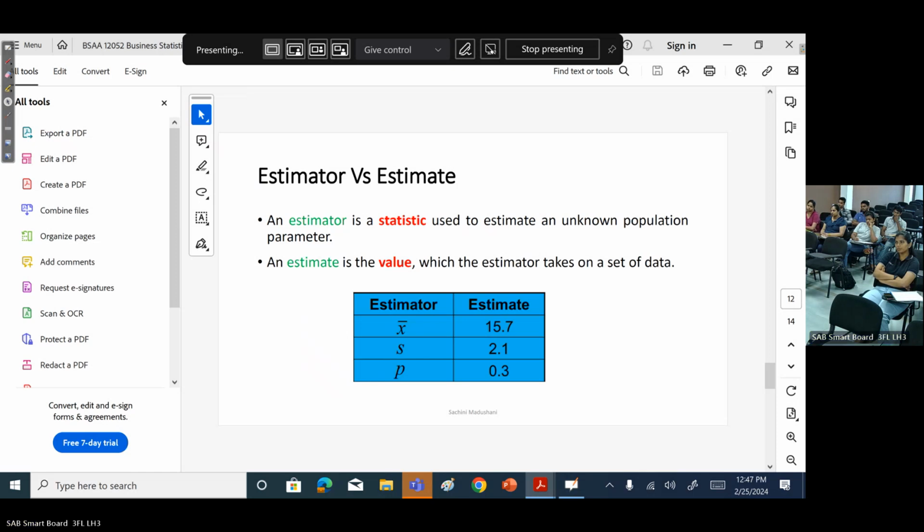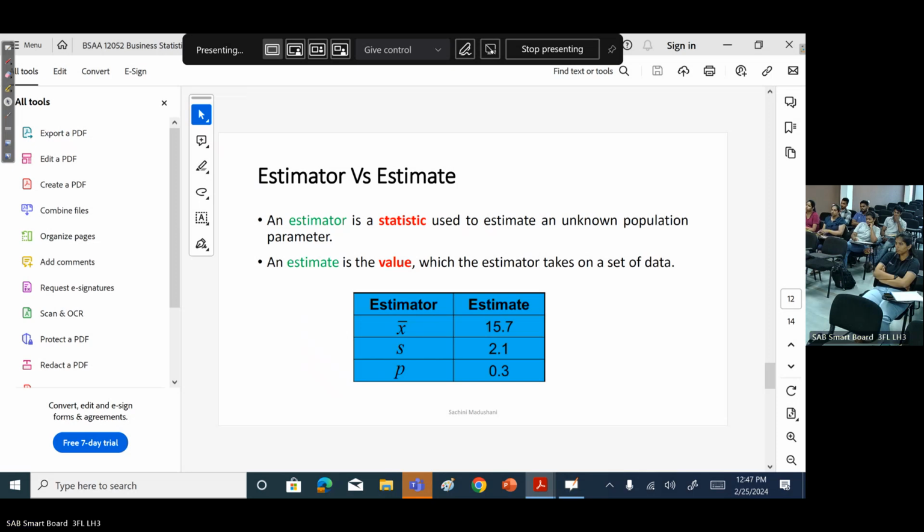Think, I want to take the population parameter, the population mean value. The population mean cannot be calculated, so what do we use? We will use the sample mean value. Then what is the sample mean?